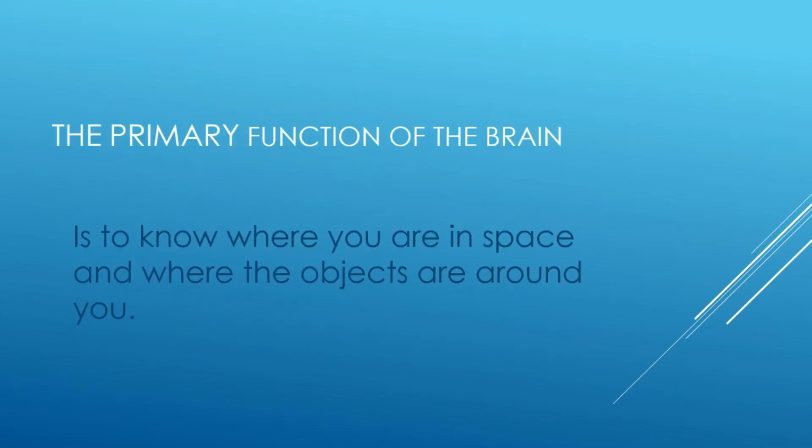Okay, so the first thing I want to talk about is the primary function of the brain. If you look at many anatomy textbooks, most of them will say that the primary function of the brain is to control and coordinate all body functions, and it does do that. But the main thing that it does is to know where you are in space and where the objects are around you in space.